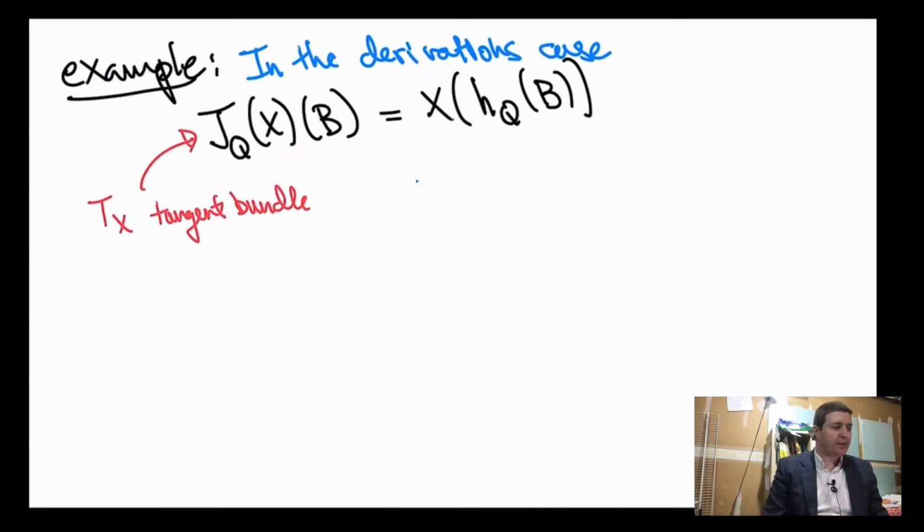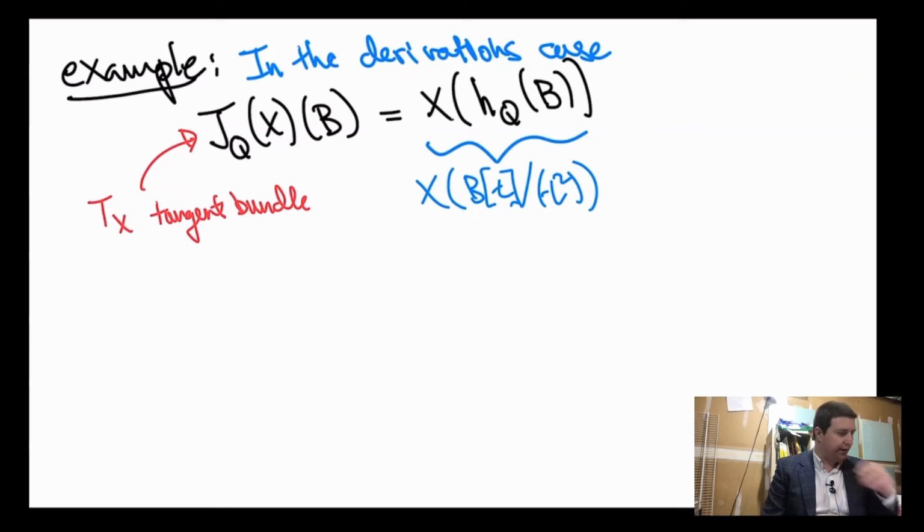So this is for a single derivation, and here you have the dual numbers, and everyone knows the tangent bundle. So the functor of points for the tangent bundle is this dual number valued functor.